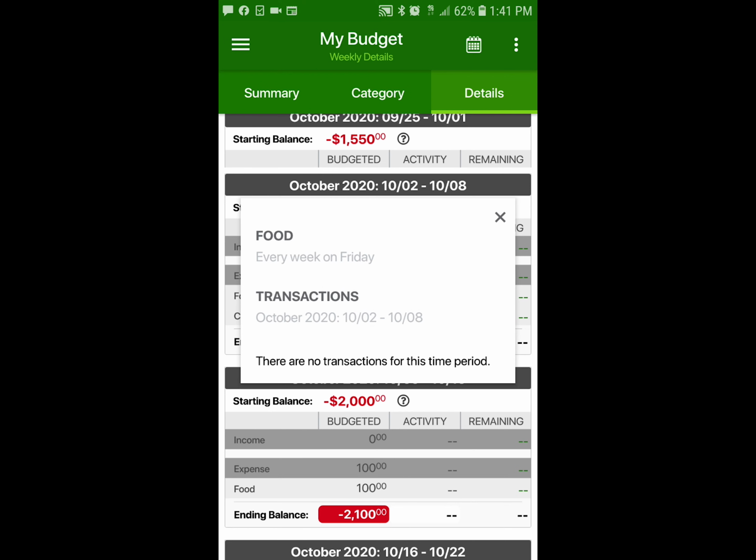Transactions for 10/2 to 10/8. Once you assign transactions to this particular food date, they'll fall right here in the transaction date. But notice below there says there are no transactions for this time period. So we're going to X out of that. So on this particular screen, you can see what transactions have been assigned to that particular item. So we'll X out of that.